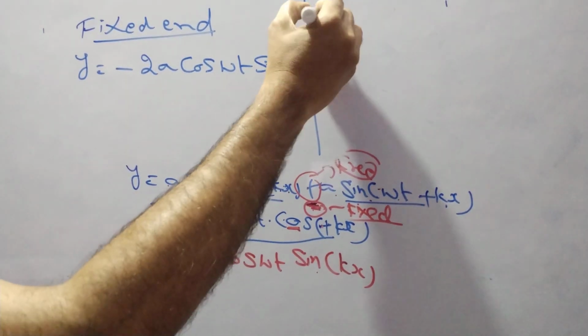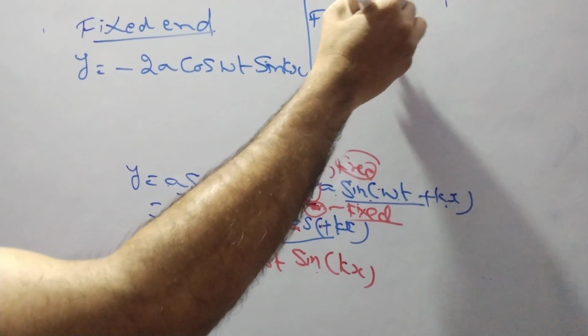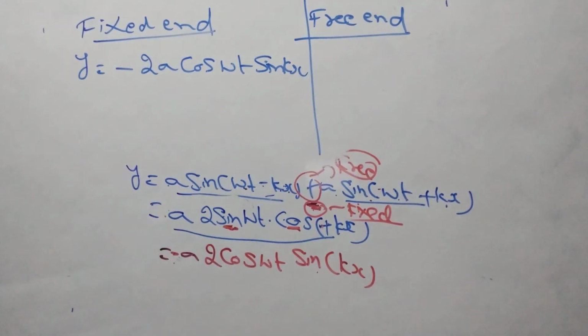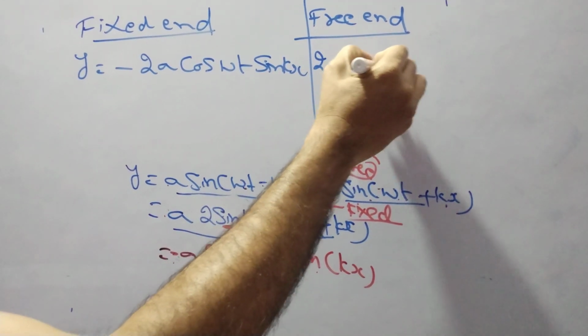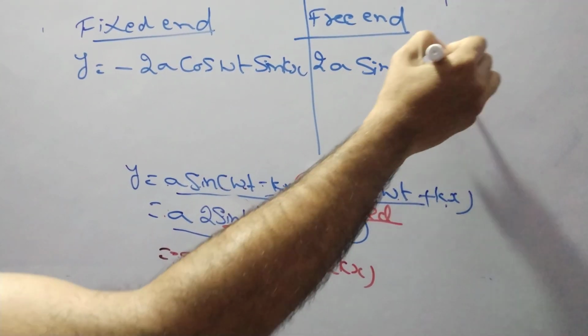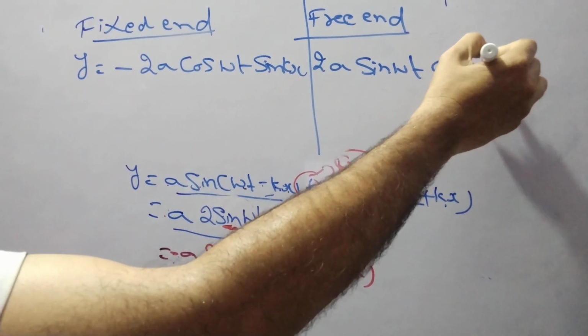For the free end, the equation is this one: 2a sin omega t cos kx.